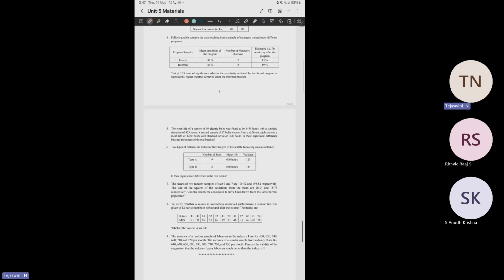For the fourth question, the data is given to us. Let us consider this to be the first sample and this to be the second sample. So x1 bar, x2 bar, n1, n2, and then s1, s2 are given to us. Alpha is equal to 5%, level of significance is given to us.